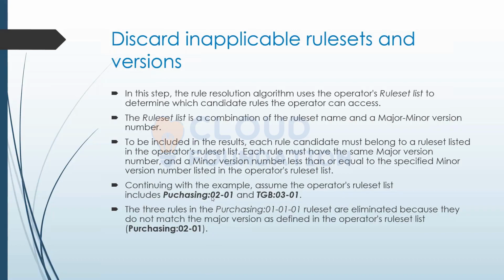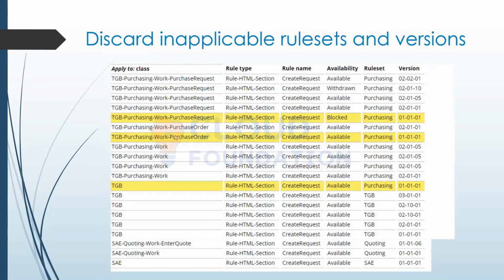For purchasing, it has to be O1, O3, O4. I see different rule sets available here, purchasing with different versions. TGB versions are there, quoting and SCC are there.